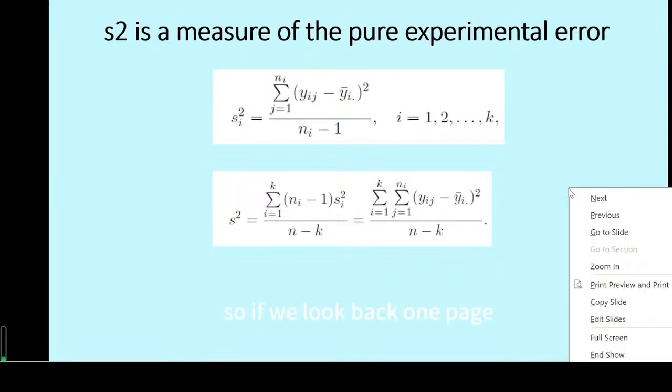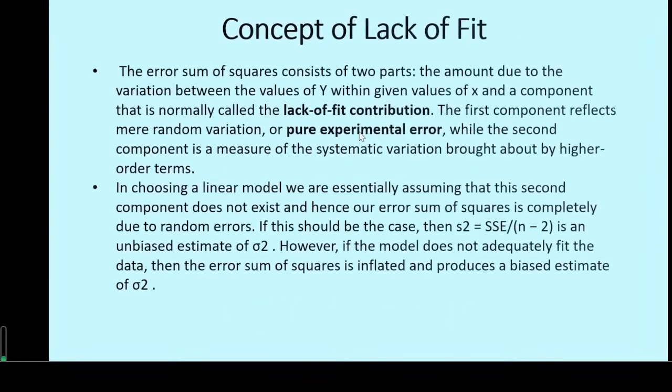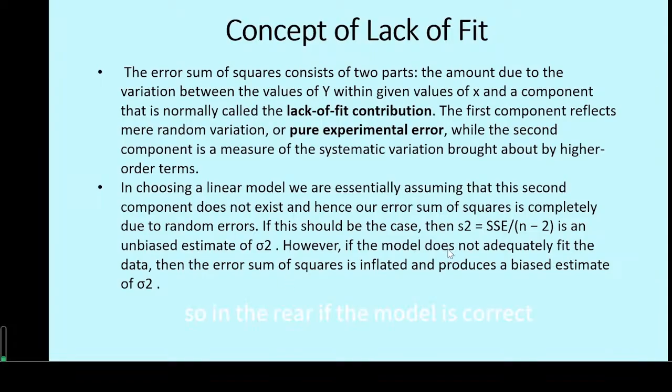So if we look back one page, if the model is correct, then all Si square comes from the pure random error. And this term will equal SSE divided by n minus 2. SSE comes from the sum of error squares using the difference between observations and fitted values.